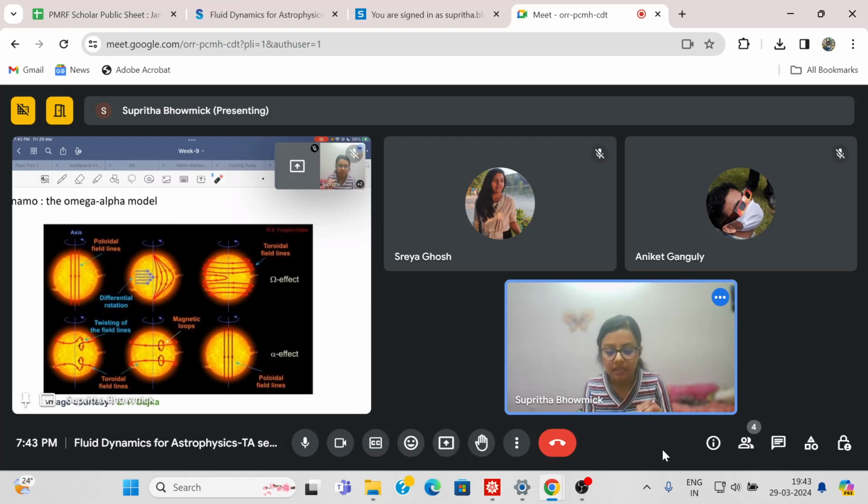Due to differential rotation, the fluid will drag the magnetic field along with it, and this will cause the magnetic field lines to become slightly toroidal. It will get some azimuthal component, right? Eventually, all of it will wrap around the sun, and the magnetic field becomes toroidal. This is the poloidal configuration. This is the toroidal configuration. Okay, this is the omega effect.